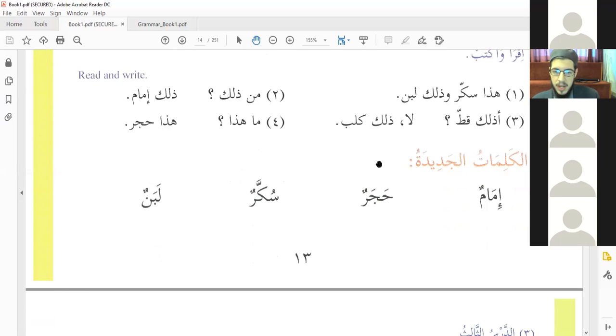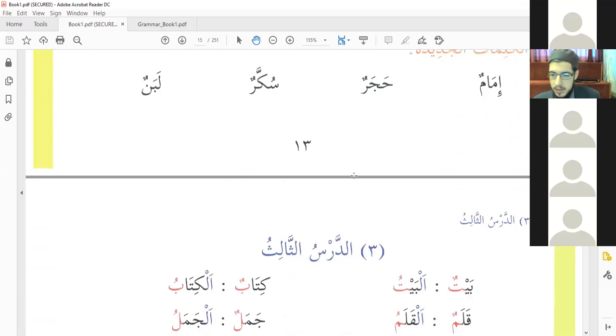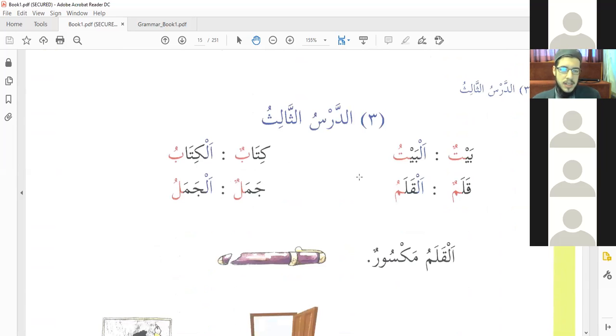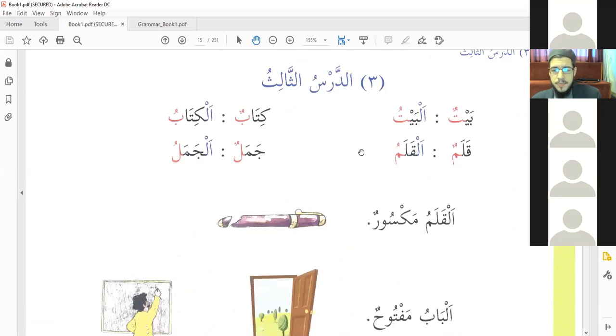So practice writing them, and we have some new words. We don't have enough time to get into the next lesson, so we'll start next lesson, inshallah, on Wednesday, where we talk about the difference between definite and indefinite nouns.